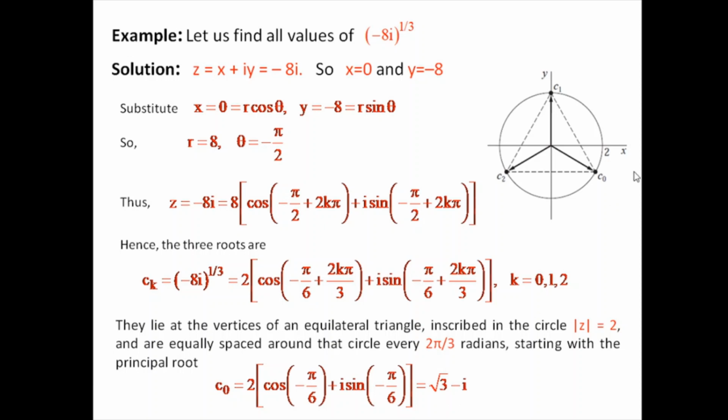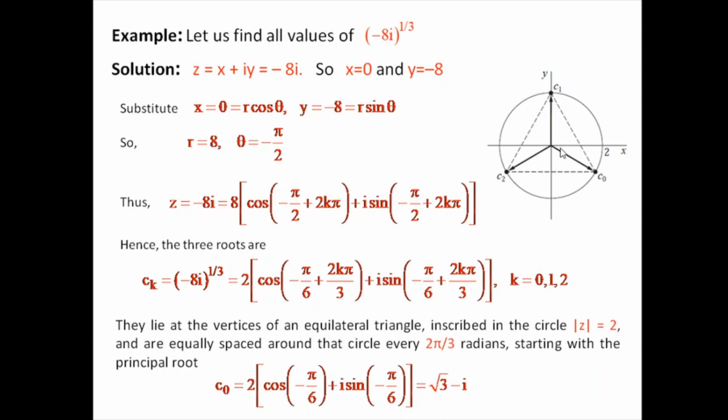What it means is that if we plot a circle centered at origin with radius 2 units, and we plot the first value c0 as root 3 minus i, that's here. The x distance is root 3 and the y distance is minus 1. Then the rest of the roots, they are 3, so they form an equilateral triangle, and they are 2 pi by 3 angle apart.